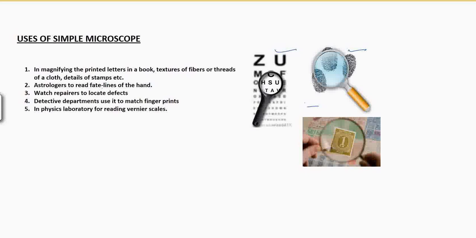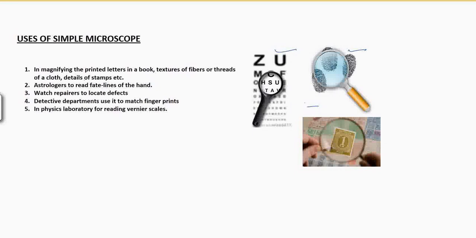Astrologers use this magnifying glass to read the fate lines of the hand. Watch repairers use it to locate defects. Detective departments use it to match fingerprints, and we also use it in the physics laboratory for reading vernier scales.